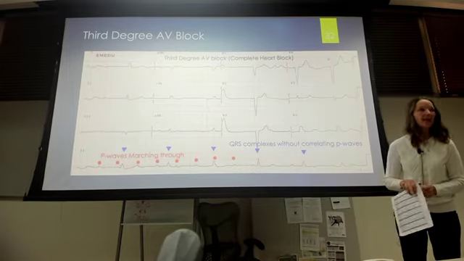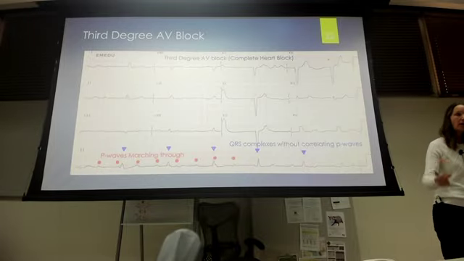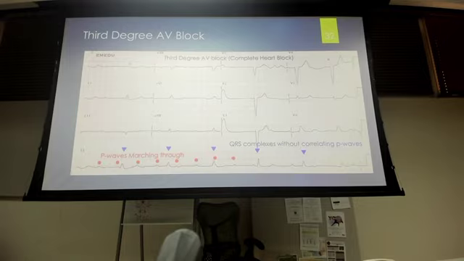You're not missing them. The ventricles are beating on rhythm, 20 to 40. They're not missing any, they're just not talking to the atria. They're there, just like they're supposed to be in that 20 to 40 rate, but we also see P waves that are not talking to the ventricles.